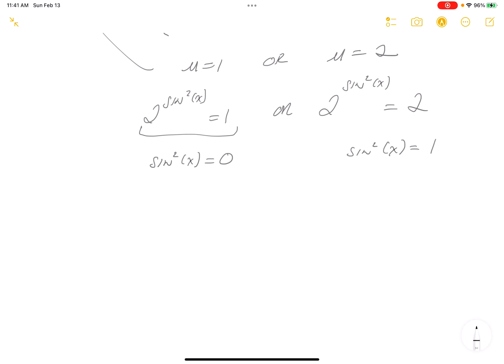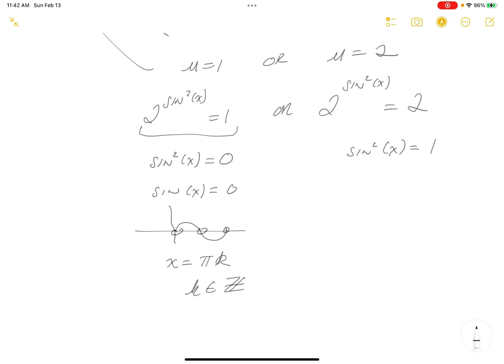And to do that, what do I notice is this simply says the sine of x is equal to plus or minus the square root of 0, which is just 0. And certainly, I know when that occurs. So all I'd say is that the multiples of pi. That's all I'd say, all right? So I'd say x equals k pi, with the understanding that k is some integer.